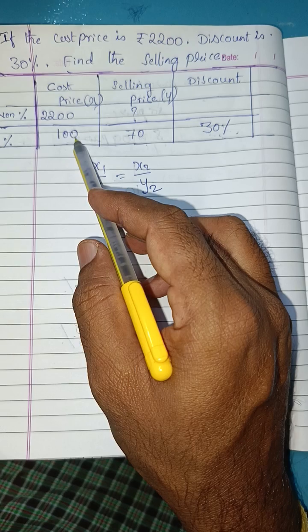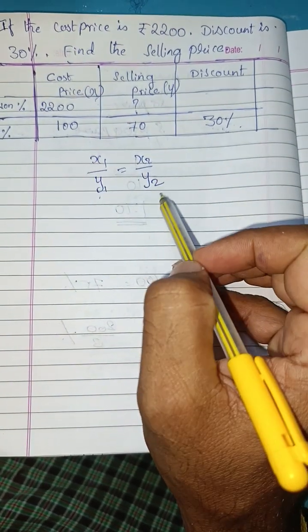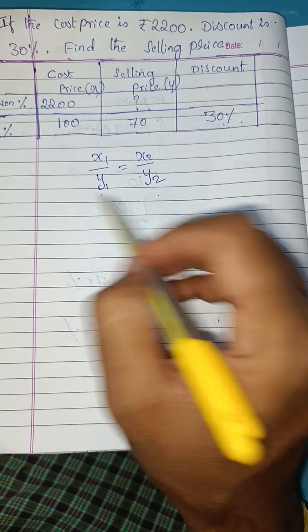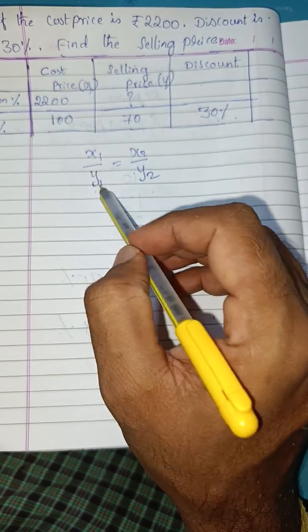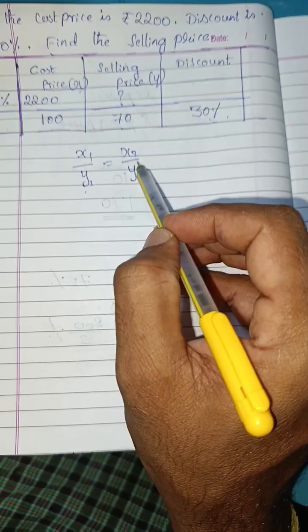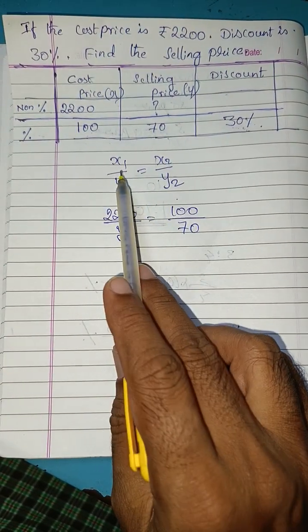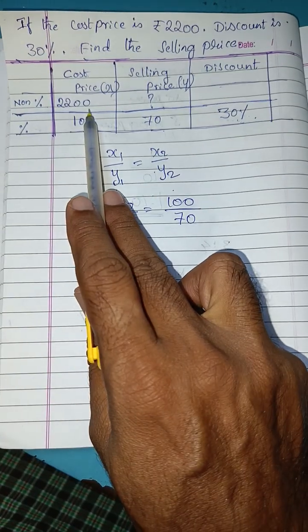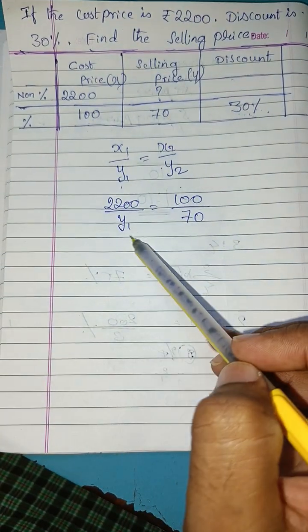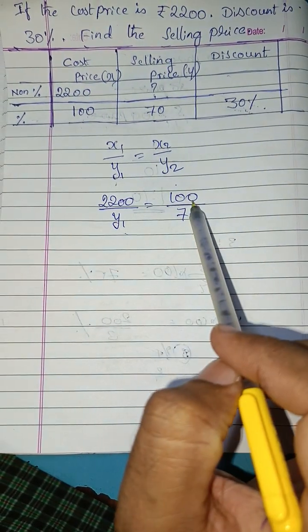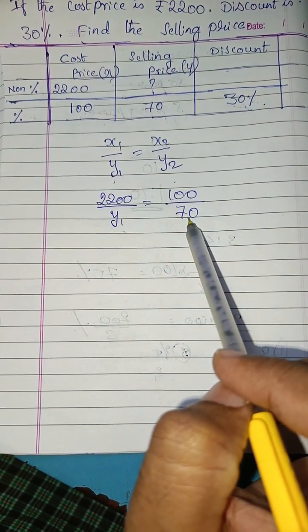X2 is 100 and Y2 is 70. Substitute the readings in this structure and we call this direct proportion.